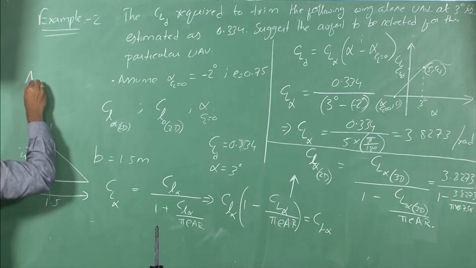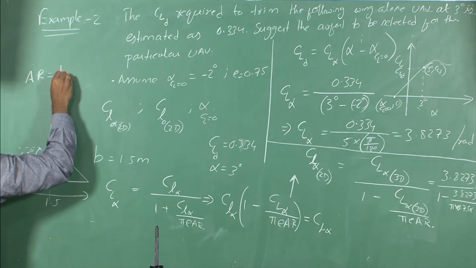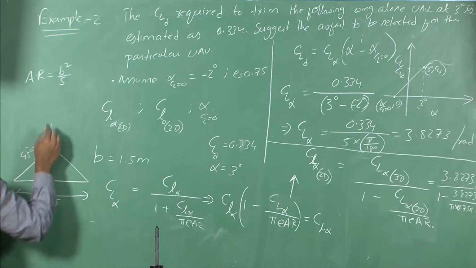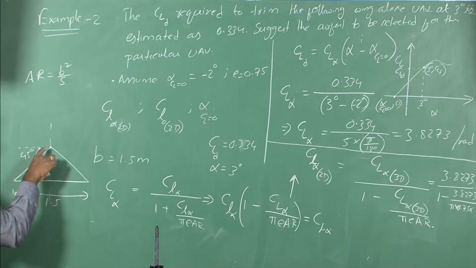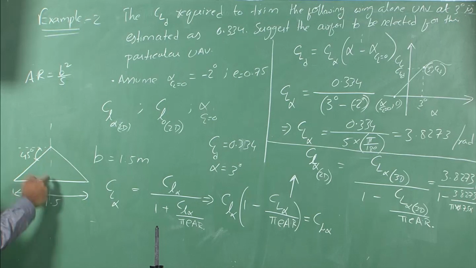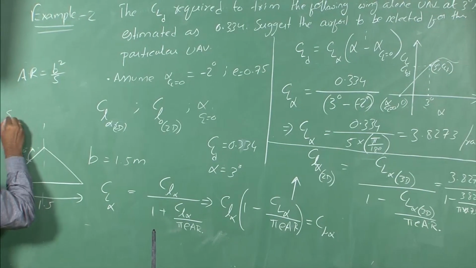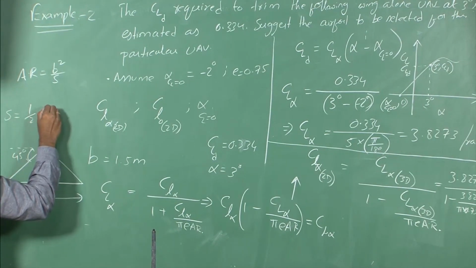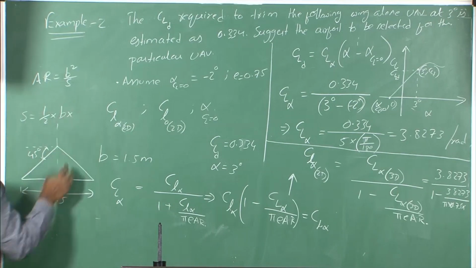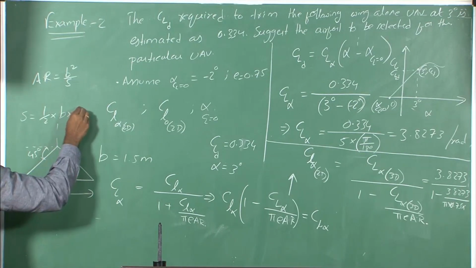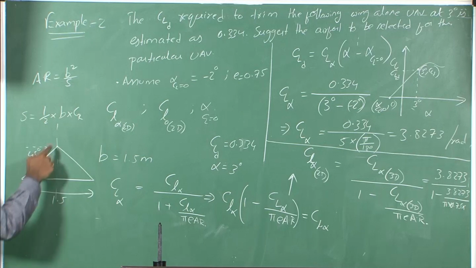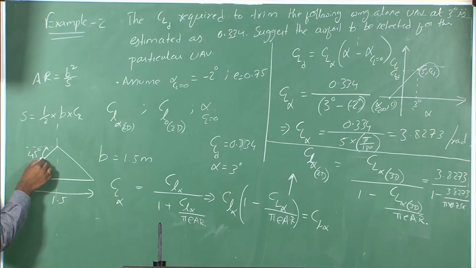We know aspect ratio AR is equal to b square by S. So we have the span, we need to find the area of this particular planform. How to find the area? Half base into height, half span into the root chord CR. So what is the root chord here? When this angle is 45 degrees, this is also 45 degrees.